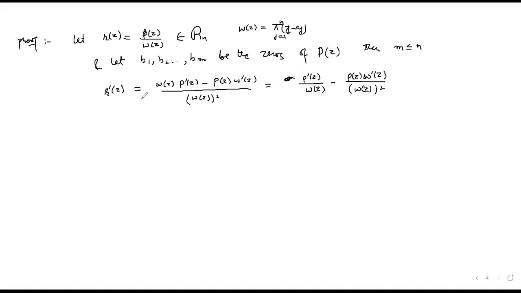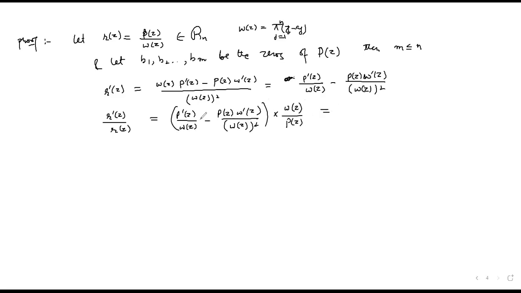And if I multiply both sides by 1 by r(z), that is, r'(z) by r(z) equals p'(z) divided by w(z) minus p(z) w'(z) divided by w(z) squared, whole multiplied by 1 by r(z), and 1 by r(z) is w(z) divided by p(z). If you see that, w(z) cancels, so it will be p'(z) by p(z) minus w'(z) by w(z).